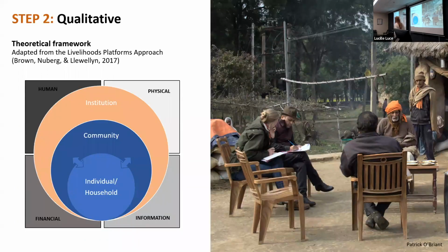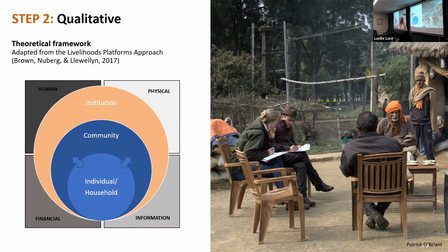So moving into step 2, this is some of the farmers that we're speaking with, along with our collaborator who's an anthropologist. These systems are very complex, right? So we really needed a framework that we could use to systematically look at farmers' decision-making.